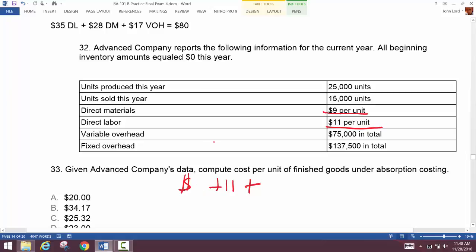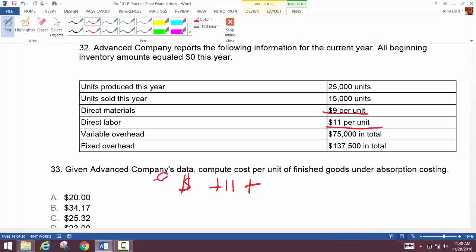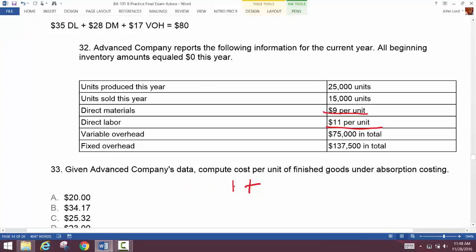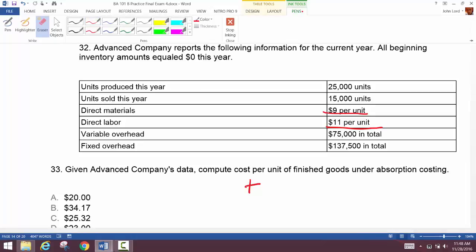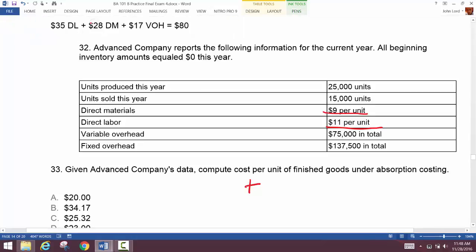Since they're asking me per unit, we have 9 and 11. Okay, good. We're using absorption.